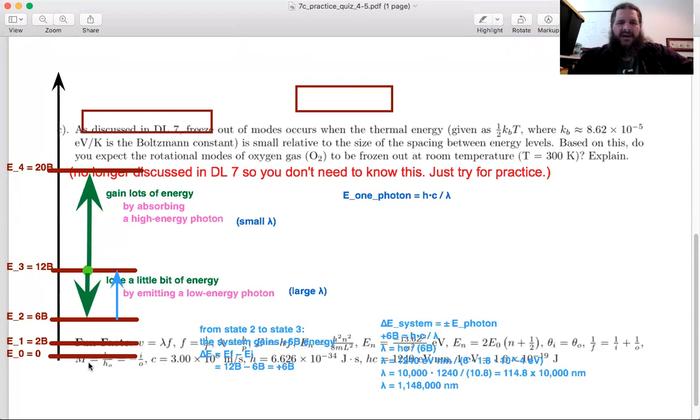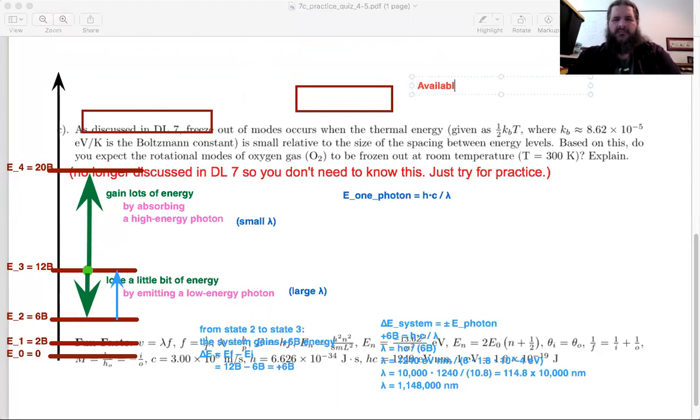So we could compare that. If you plug in 300 Kelvin for T, you'd have 1/2 times 300 Kelvin times 8.62 times 10 to the negative 5th. That would tell you the available energy. One half kBT is 1/2 times 8.62 times 10 to the negative 5th times 300. And that will be in electron volts because the kelvins cancel out.